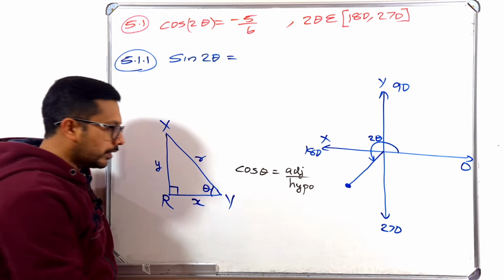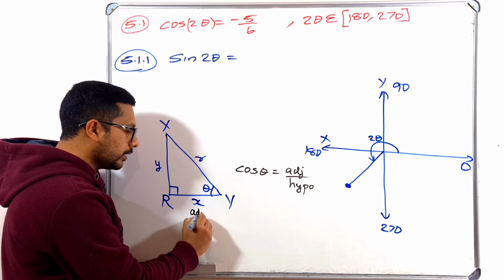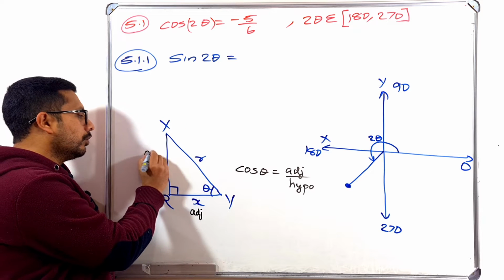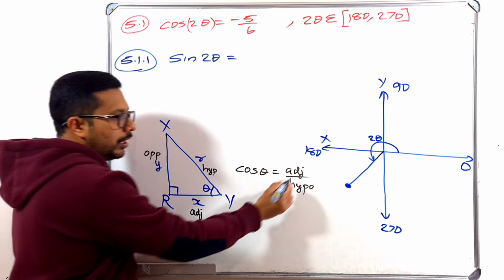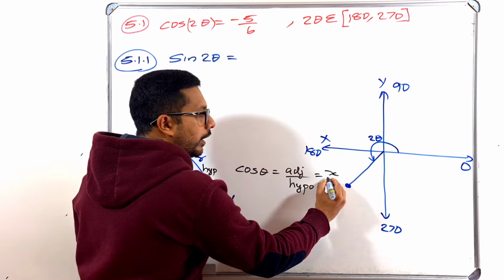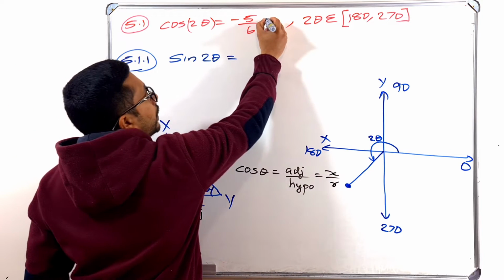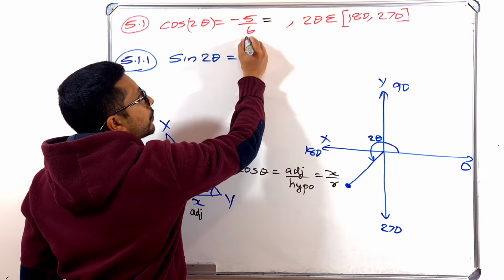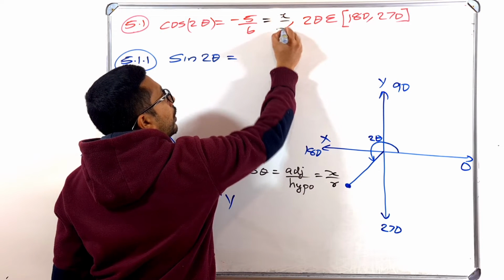Here x stands for the adjacent side, y for the opposite side, and r for the hypotenuse. So in effect, the given minus 5 over 6 stands for x over r.